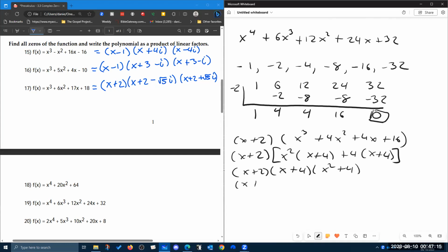And we're going to break down that sum of squares at the end into its complex linear factors, like so.